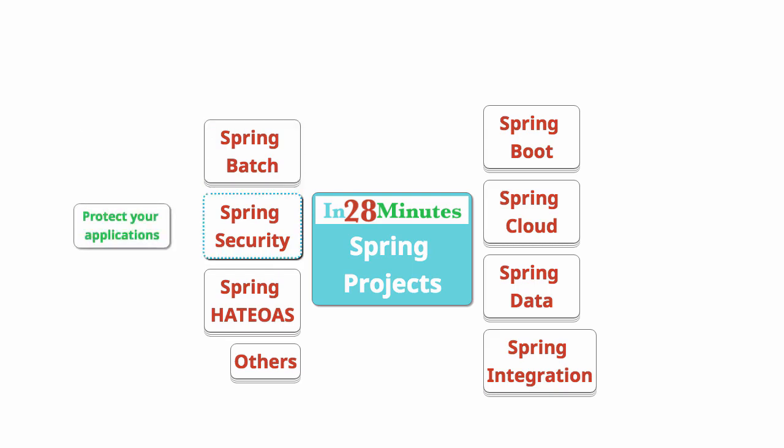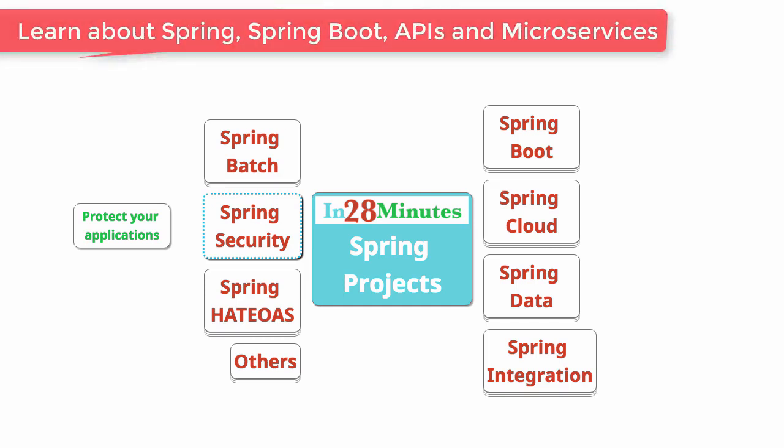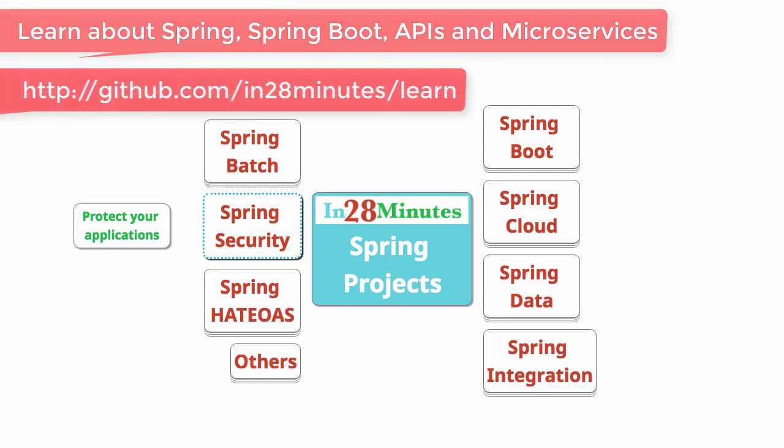Security is one of the important parts of developing applications. You'd want your applications to be secure, whether you are developing a web application, a REST service, or anything that you develop. You'd want to protect it. So Spring Security provides solutions for securing your applications, whether it's a web application or a REST service.